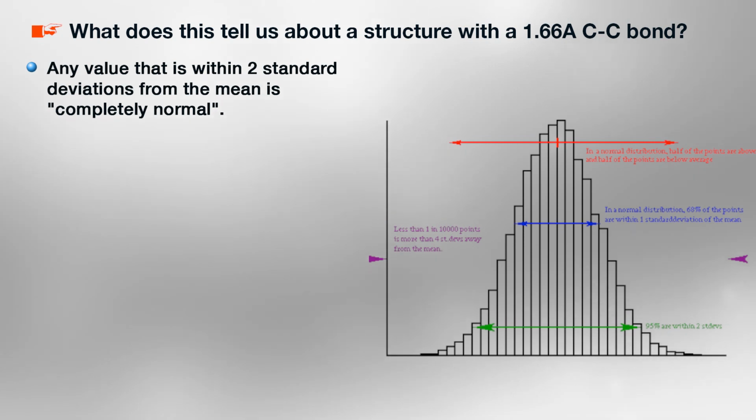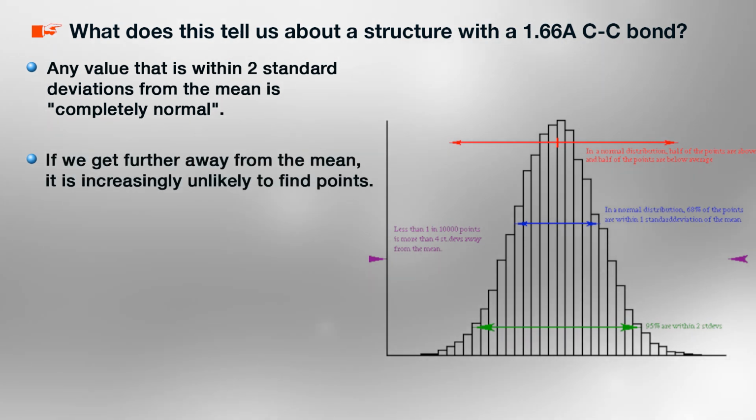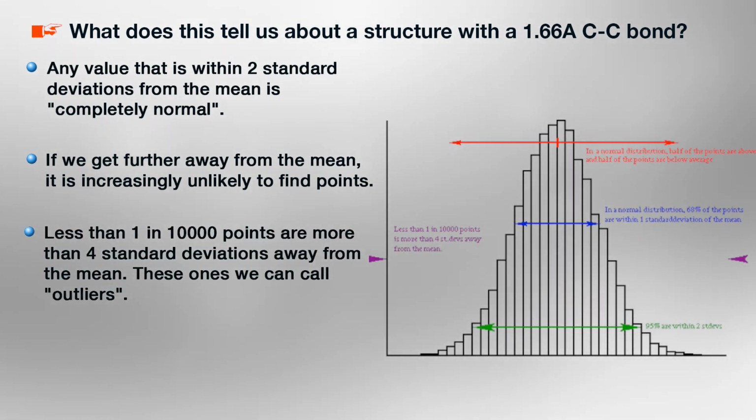If we move further away from the mean, on either side, it is increasingly unlikely to find points. Less than 1 in 10,000 points are more than 4 standard deviations away from the mean. These ones we can call outliers.